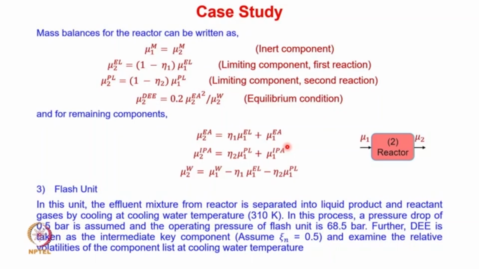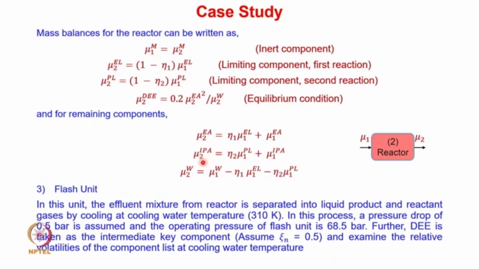This could be coming through a recycle stream, of course in a very small amount. We can take this as 0 also. The other product flow rate we can write down as mu2 IPA.